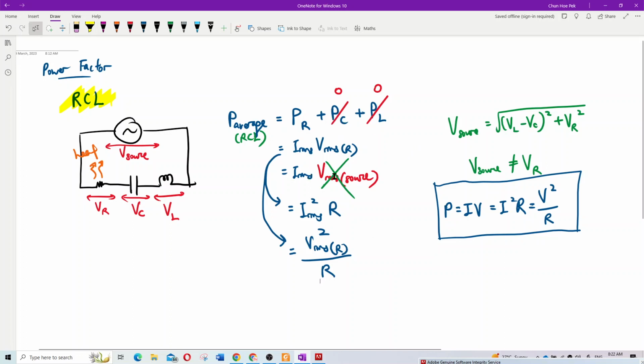Class, don't use V source for this one, because V source is not VR. V source comes from this Pythagoras theorem. So that's for average power.